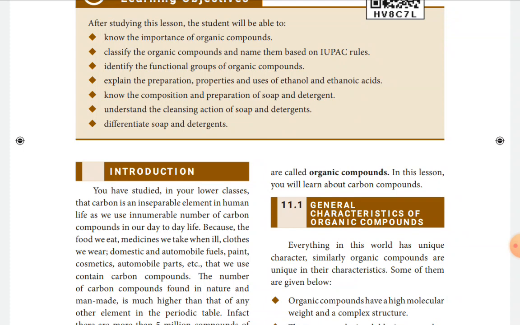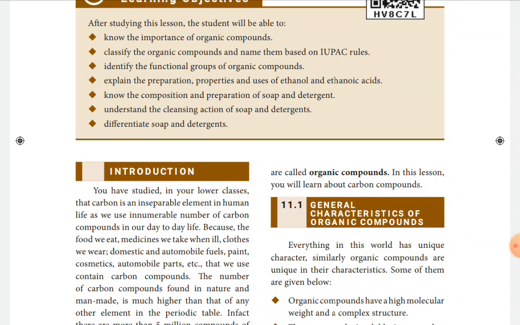So this carbon dioxide in the atmosphere is also very less in proportion, that is 0.03%, that is 300 parts per million by weight. So a very minimum, negligible proportion only in the atmosphere and in the earth crust.